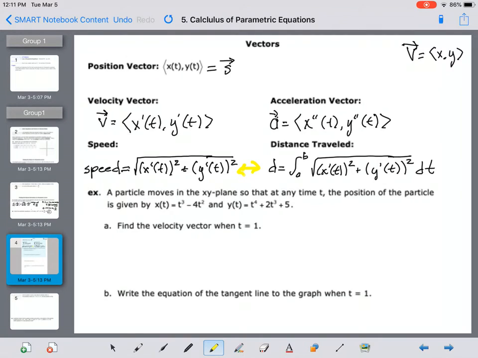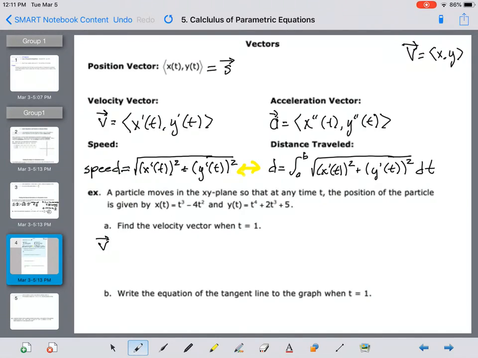Okay, so example: a particle moves in the xy plane so that at any time t, the position of the particle is given by x of t and y of t. Find the velocity vector. So x of t and y of t represent our position. To get our velocity vector, all we have to do is take the derivative of each of those components.